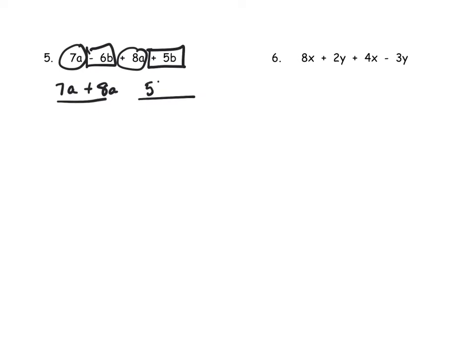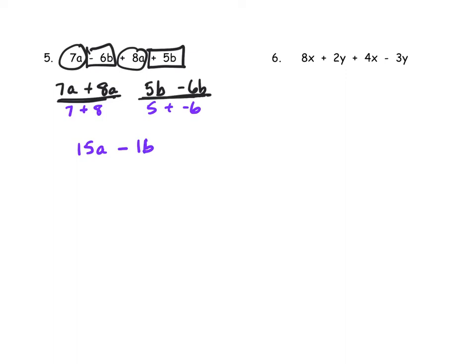So the good news is order doesn't matter, but what does matter is both of the terms on this line have a b in them, and both of the terms in this line have an a. So now let's finish. I'm going to be adding 7 and 8. They're both positive, and I'm going to get 15a, and I'm going to add 5 plus negative 6, and I'm going to get negative 1b.